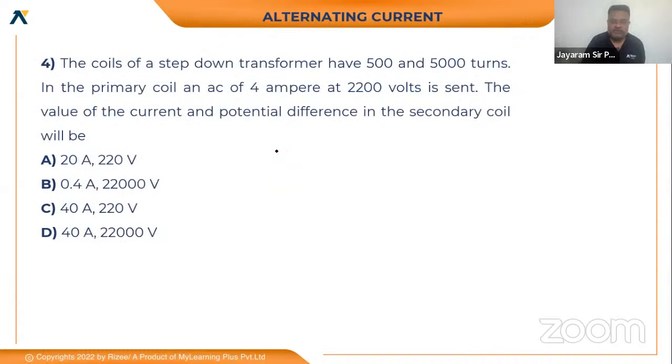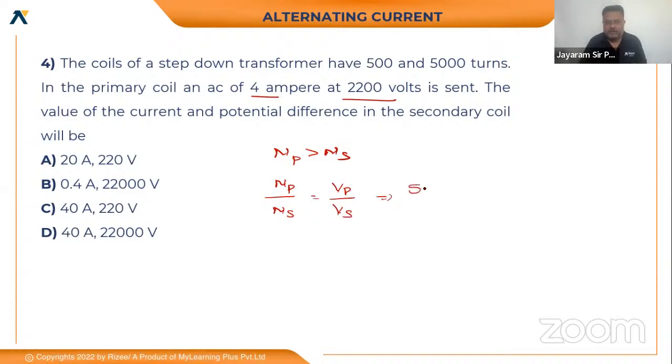A step down transformer. Step down means number of turns in the primary will be greater than the number of turns in the secondary. The primary coil has 4 amperes, and the value of the current and the potential is asked in the secondary. So how to calculate this? Number of turns in the primary by number of turns in the secondary is equal to voltage in the primary by voltage in the secondary.